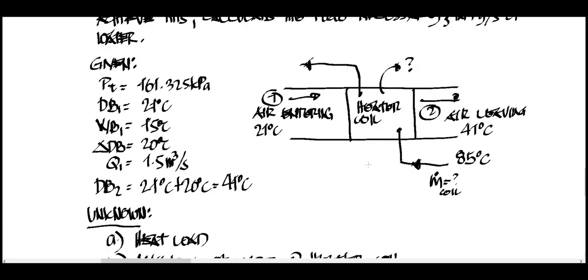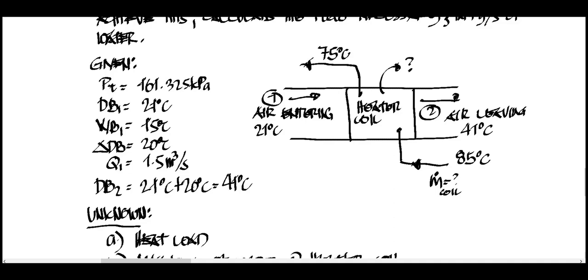Now, one problem is what we have here. The problem does not state the final temperature of the water running in the coil, so I will add the temperature. Let's assume it is 75 degrees Celsius.